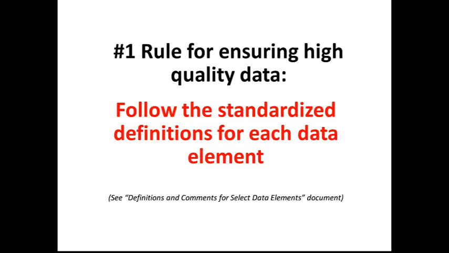We put a lot of work into defining each of the elements in the registries so that they adhere to either nationally recommended definitions or to expert opinion. And by following these definitions, I think our data will be more accurate and will reflect the true outcomes of our patients.